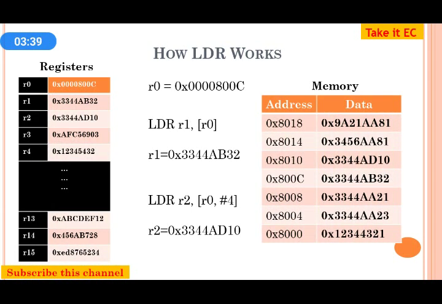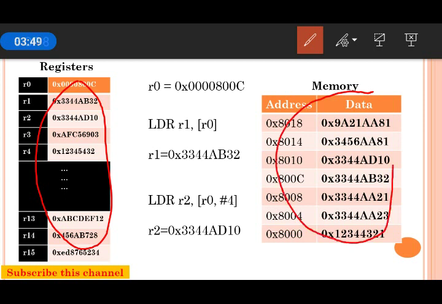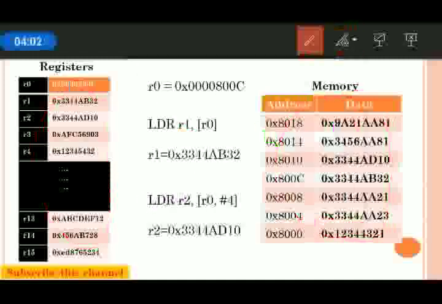You can see in this slide the register file is indicated with some data, and the memory map is shown in the second diagram. The memory content is shown with the address also, starting from 0x8000 to 0x8018.